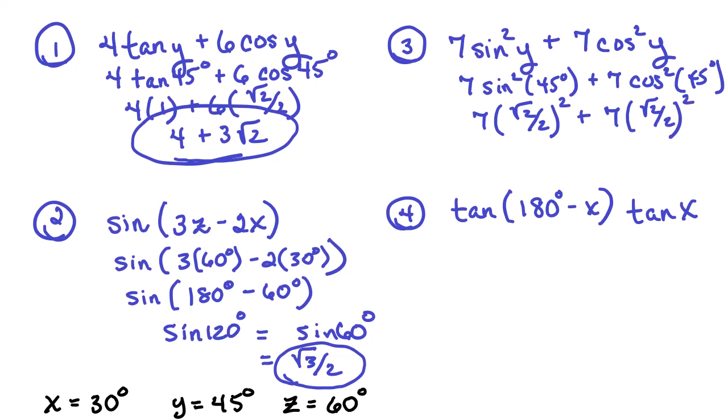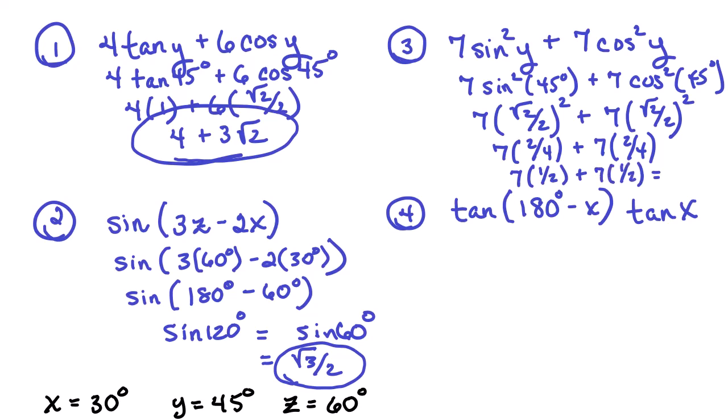that. So that gives us 7 times the square of the square root of 2, which is 2, and the square of 2 is 4. So we get 7 times 2 over 4, plus 7 times the same thing, the square root of 2 over 2 squared, so that's going to be times 2 over 4. 2 over 4 reduces to 1/2, so we have 7 times 1/2 plus 7 times 1/2.